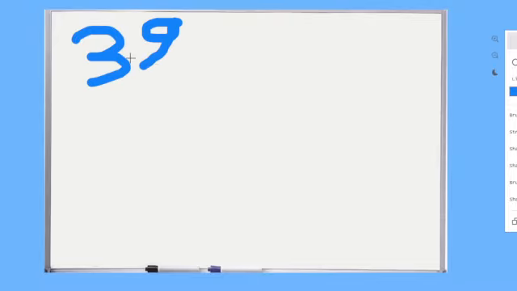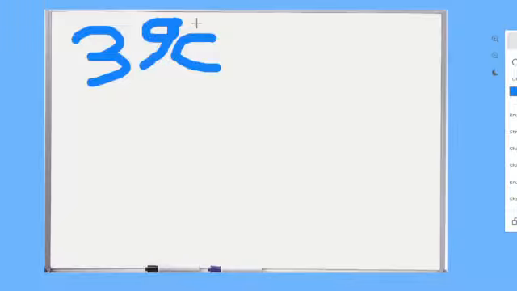Time to delete it. Now this is a word problem. So you have, not 35, you have 39 cherries.